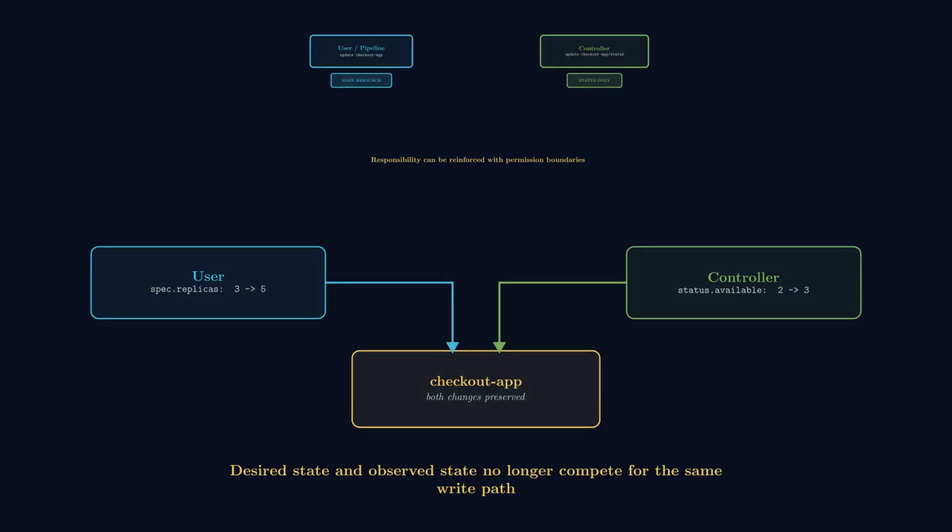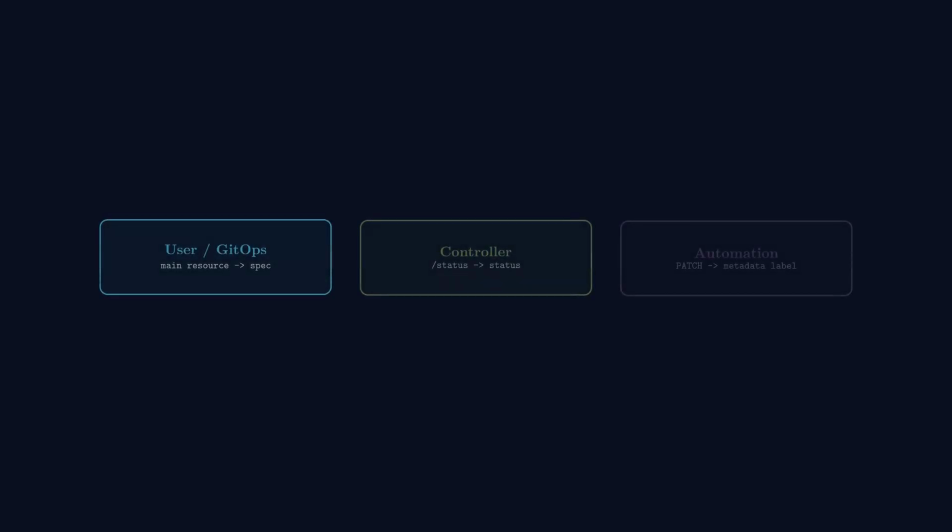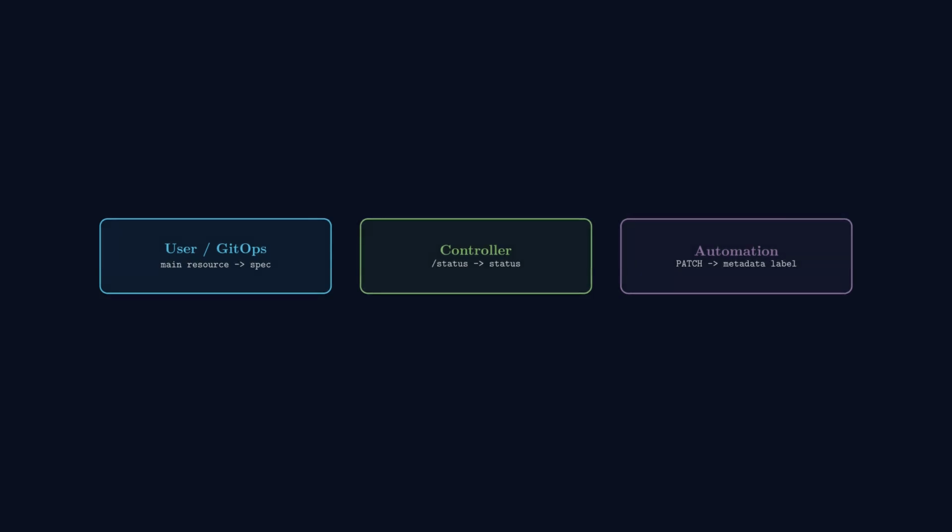The automation still needs to add a label. It can use a targeted metadata patch and avoid sending either spec or status. So our 3 writers now have much cleaner behavior. The user changes spec, the controller writes status, and the automation patches only the metadata it needs.